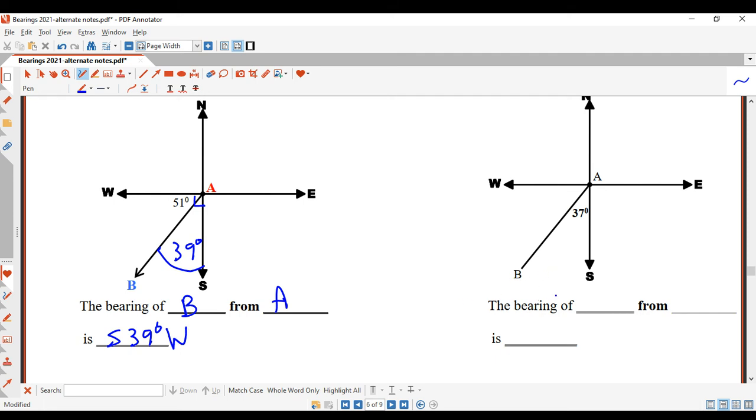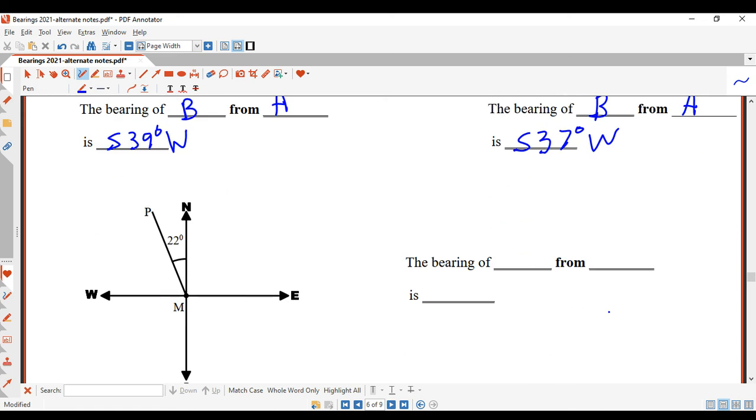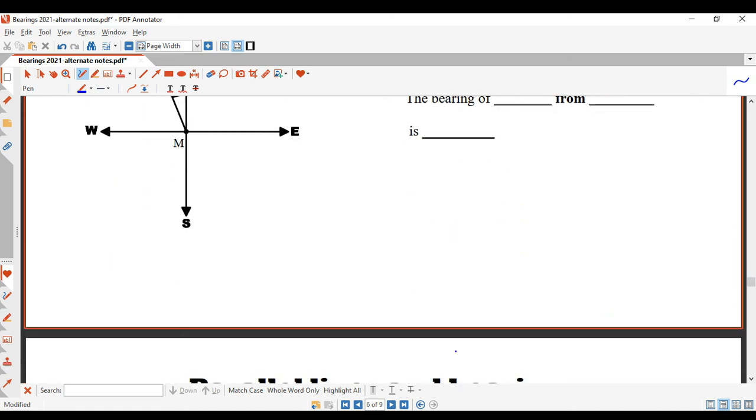Now for the next one, bearing of B from A. So here's my direction. This is where you're standing. Now B is south, isn't it? B is south of A, and the angle between the ray and the south line is 37 degrees. So I'm going to write down 37 degrees, and then it's in the westerly direction. All right.